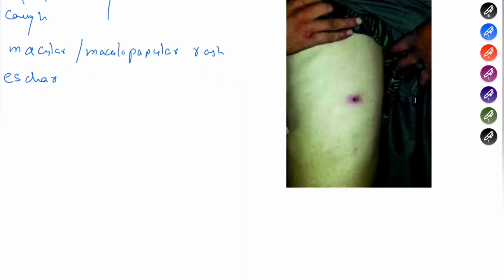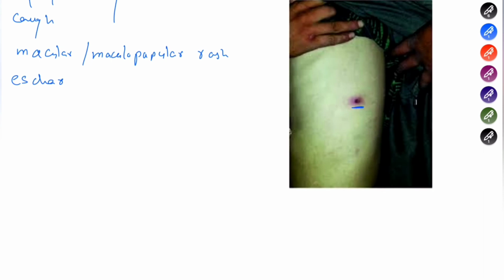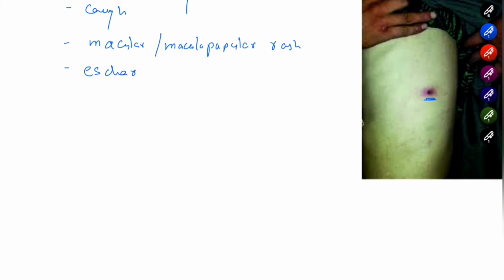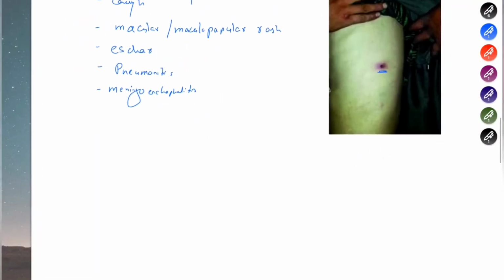You can see in this picture this black dead tissue. An eschar is dead tissue at the site of the bite of a tick or mite. Next, pneumonitis and meningoencephalitis. Meningoencephalitis means it involves the meninges as well as brain tissue.